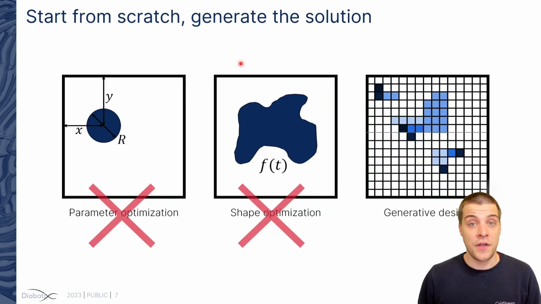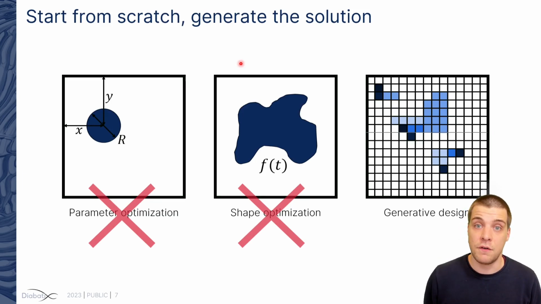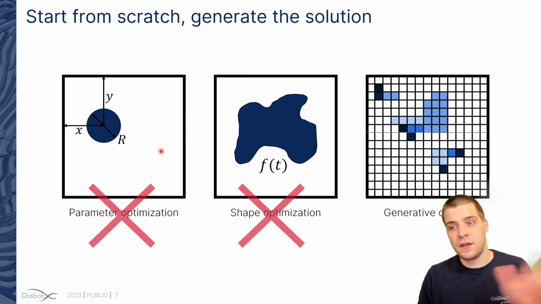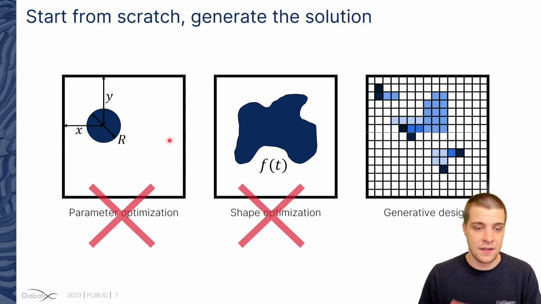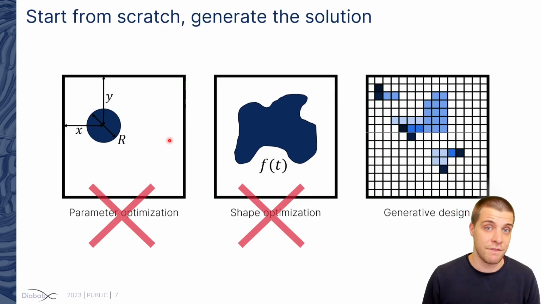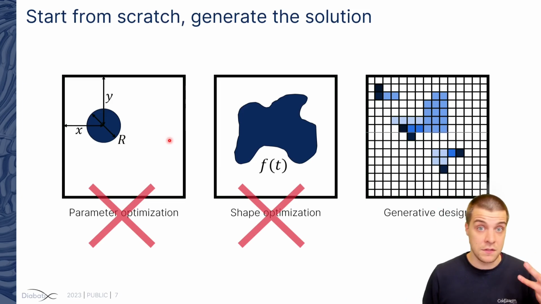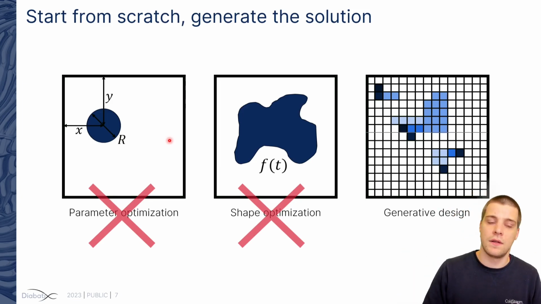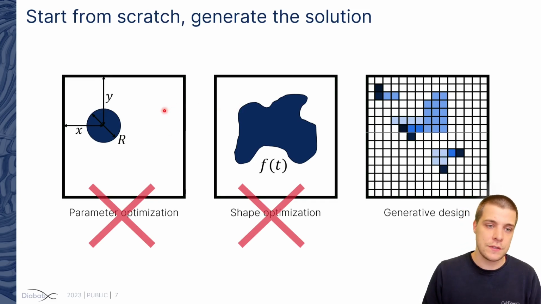How can you tackle thermal problems, or how can you tackle the designing of the heatsinks? I've listed 3 options. I'll start from the left and then move to the right. So on the left, you have something called parametric optimization, where you a priori describe a given design philosophy, be it pins, fins, gyroids, dimples, you name it, usually more conventional cooling solutions.